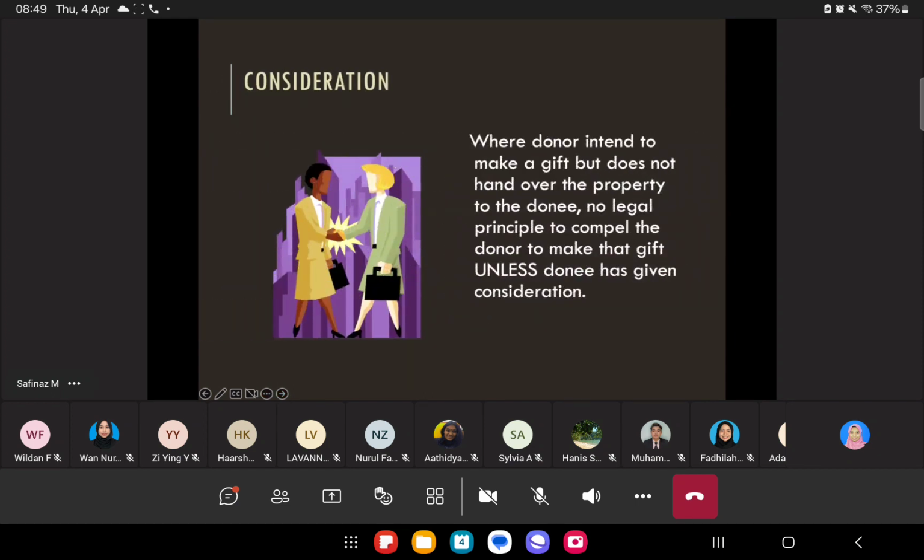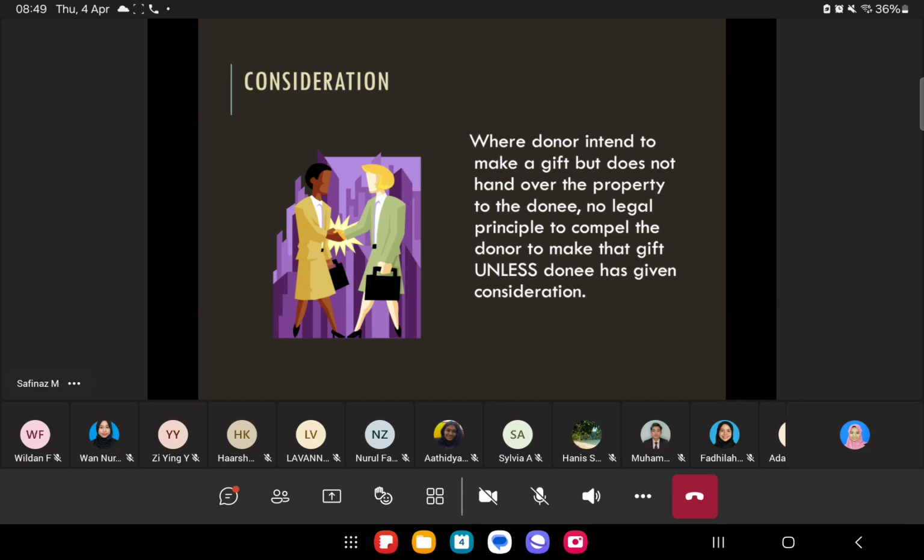Okay, so what do you mean by consideration? I think in your contract class you have learned consideration. In contract usually it is probably money. Most of the time generally it is money. Of course consideration is money or money's worth.